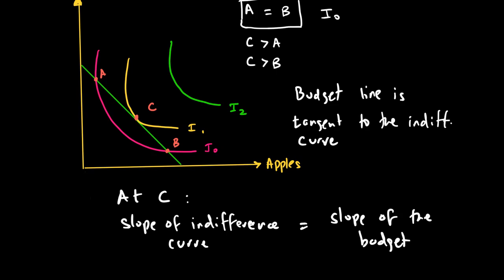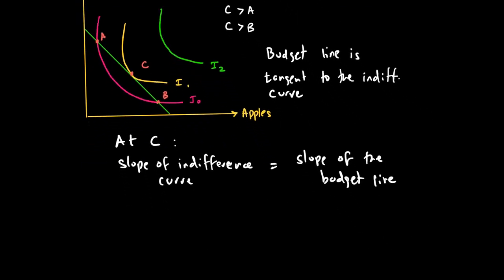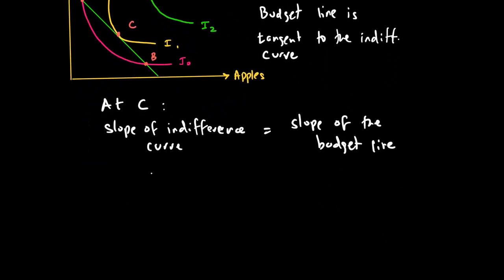Now if the slope of the indifference curve is equal to the slope of the budget line, I can say that MUx over MUy, which is the slope of the indifference curve, is equal to Px over Py, which is the slope of the budget line, which we've seen in the past videos.